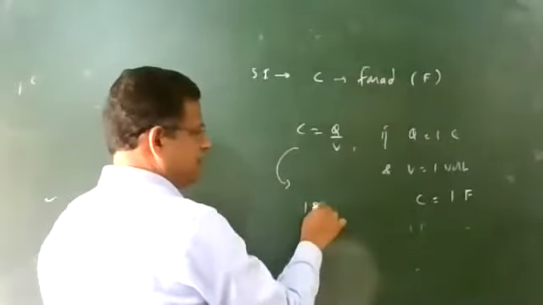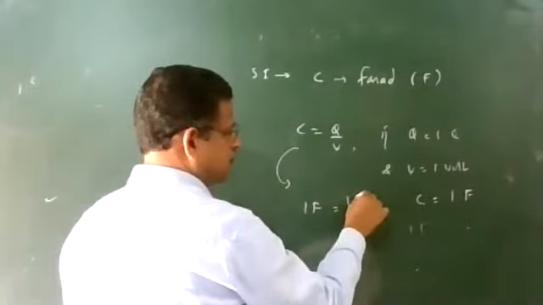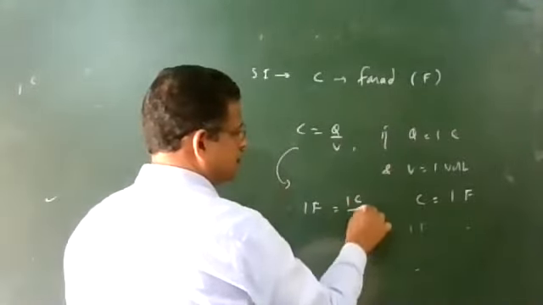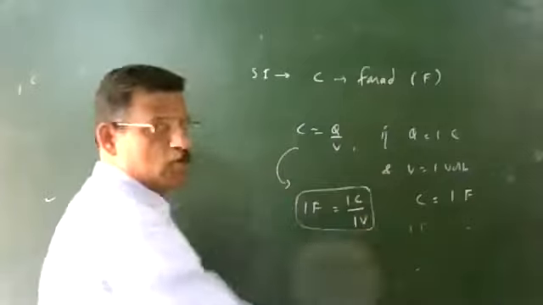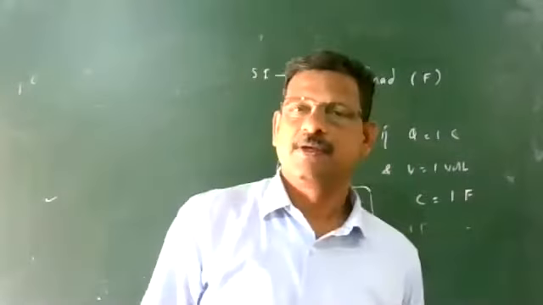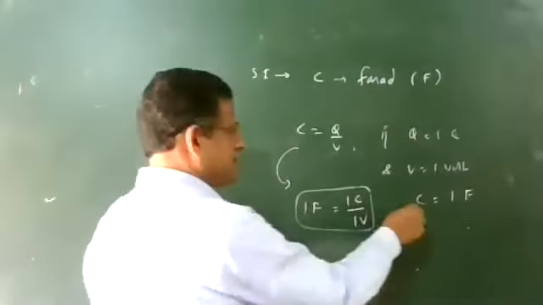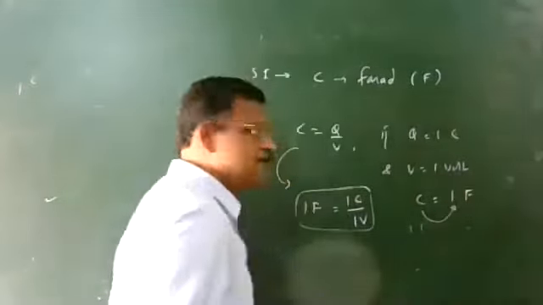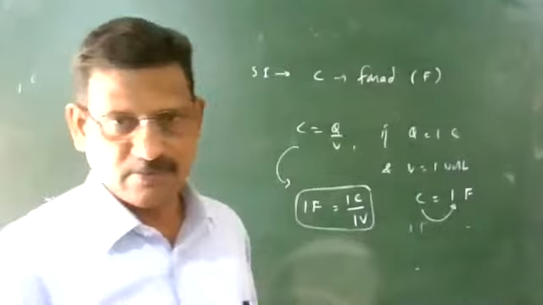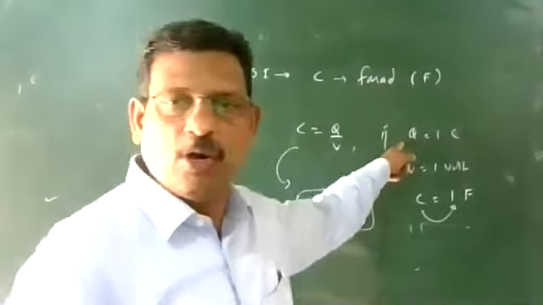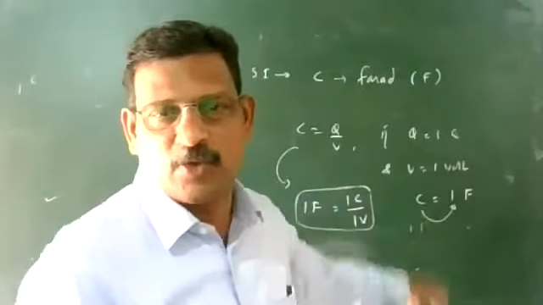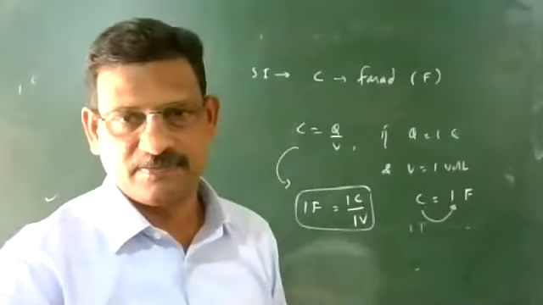The capacitance of a conductor or arrangement is 1 farad if 1 coulomb of charge increases its potential to 1 volt.